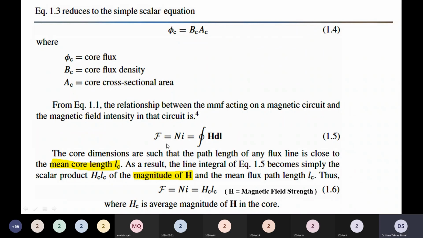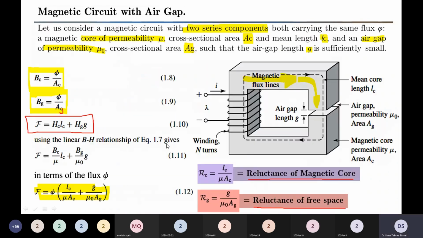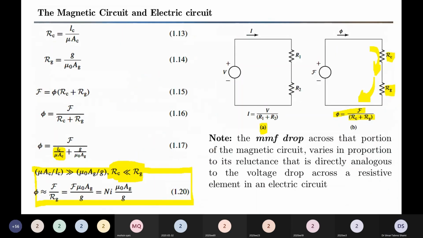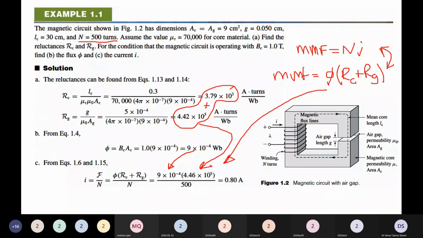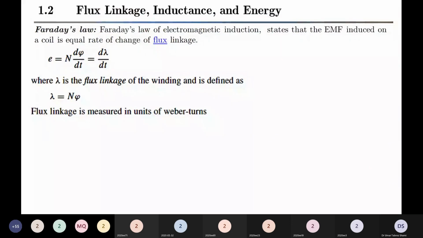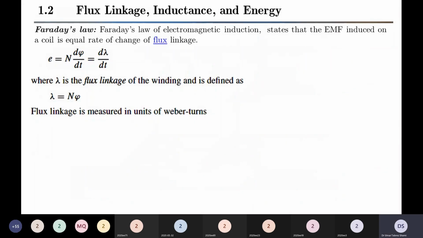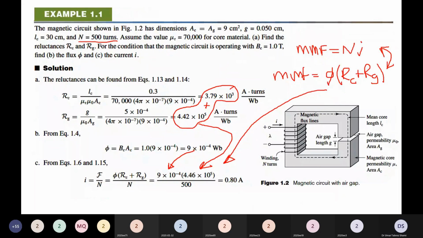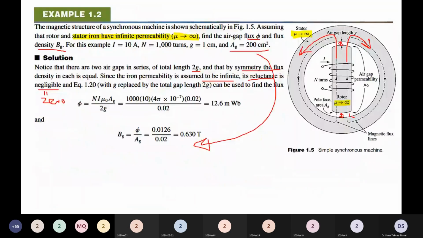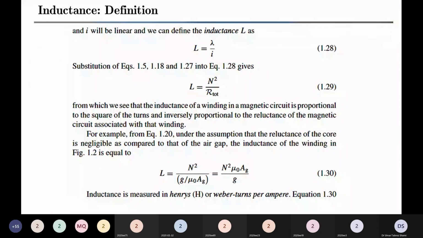Magnetomotive force is equal to N into I. Then 1.18. And then there is the equation 1.27, which leads to inductance is equal to N square over R, or N square over total reluctance.